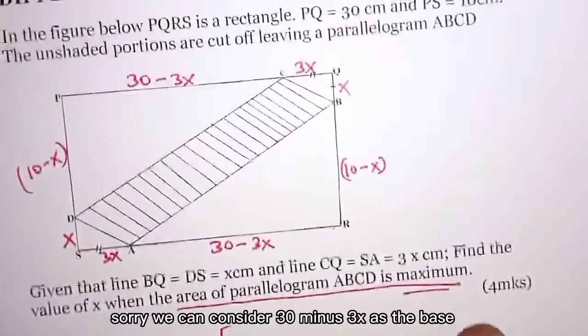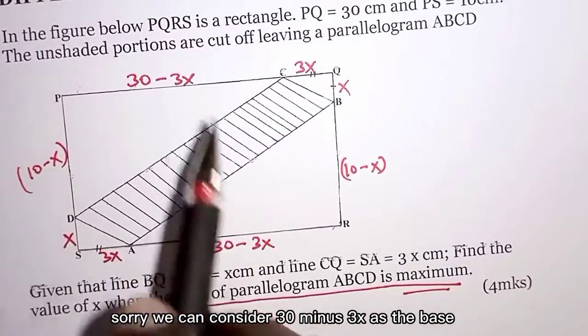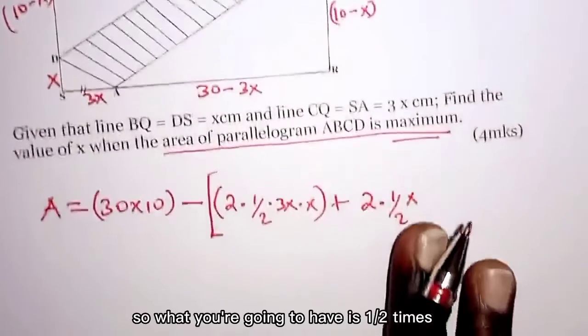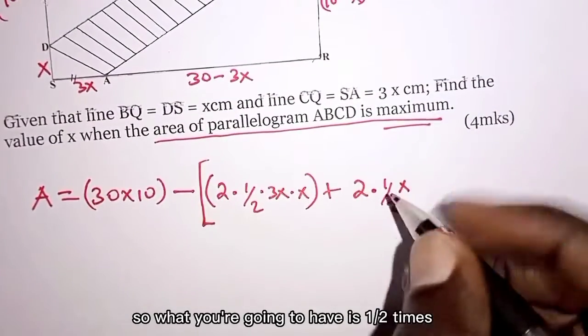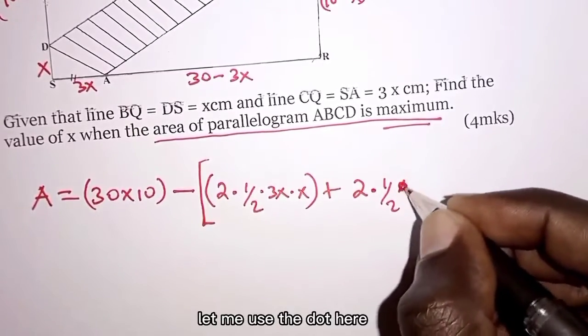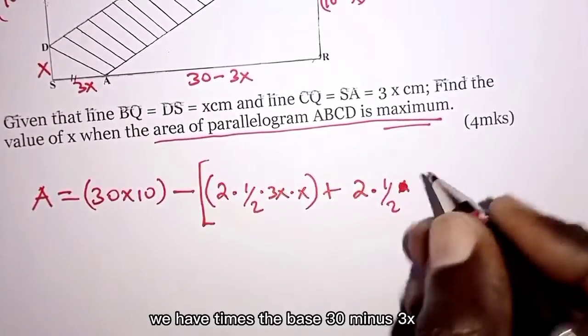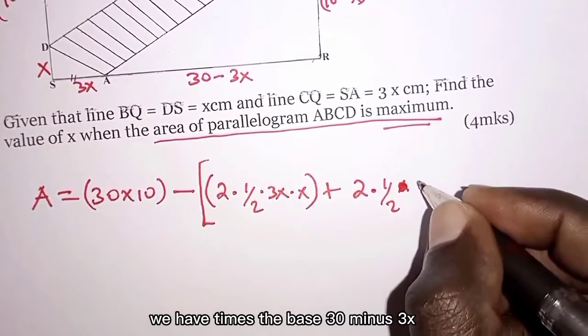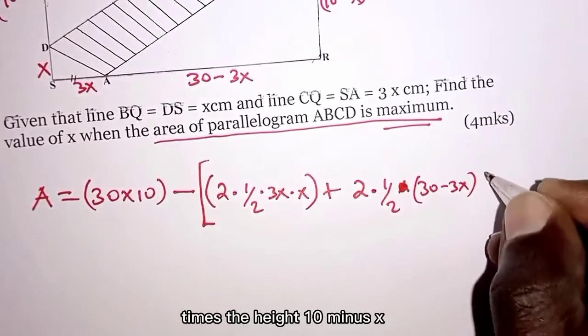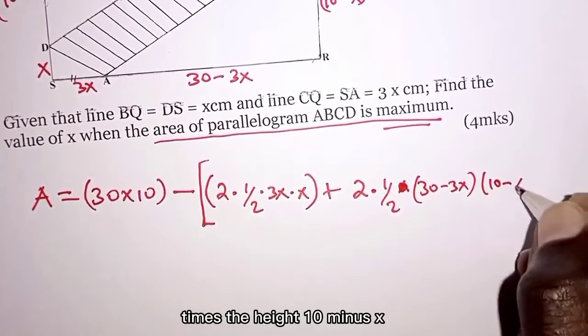The base is, we can consider 30 minus 3x as the base and 10 minus x as the height. So what you're going to have is a half, for the sake of uniformity, let me use the dot here, times the base 30 minus 3x times the height 10 minus x.